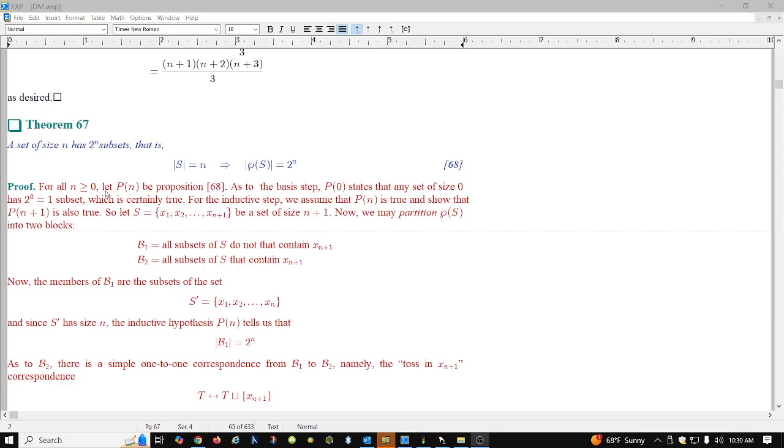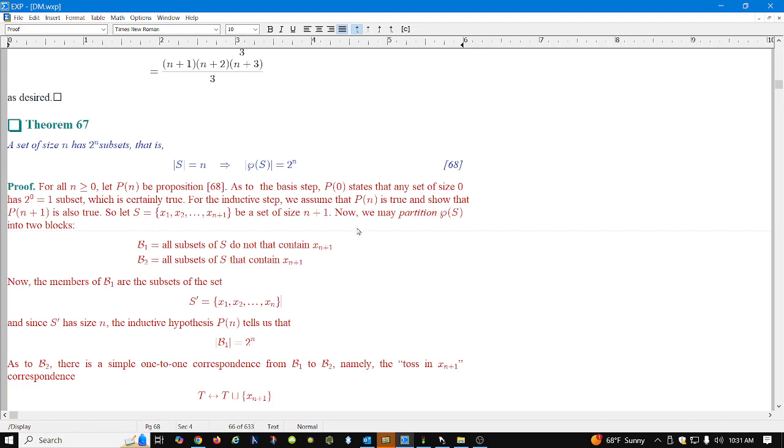Okay. So we can let this be our proposition P of n. P of 0 simply says that if a set has size 0, its power set has size 1. Well, the only set of size 0 is the empty set, and it has precisely one subset, namely itself. So that's true.